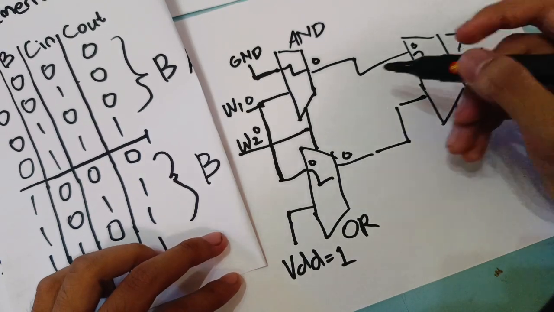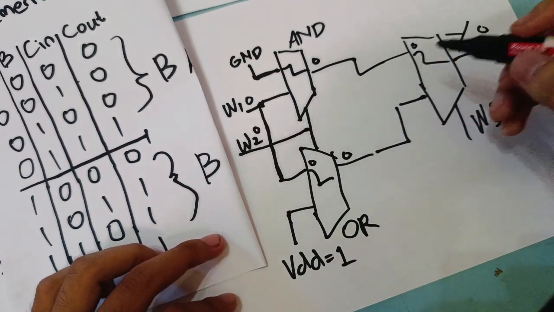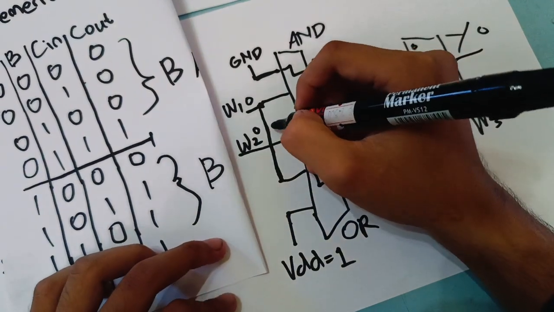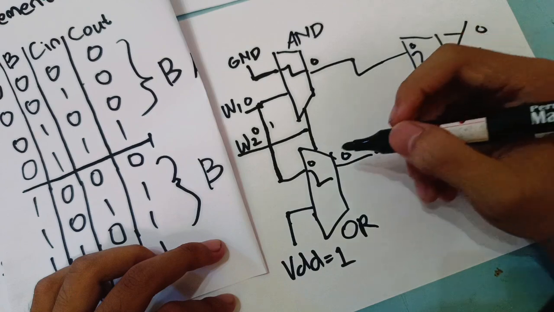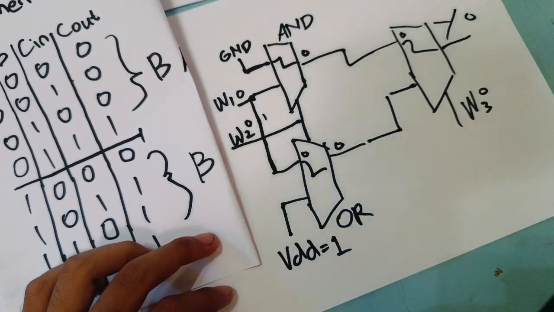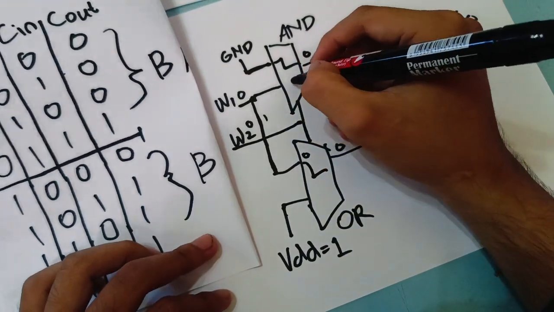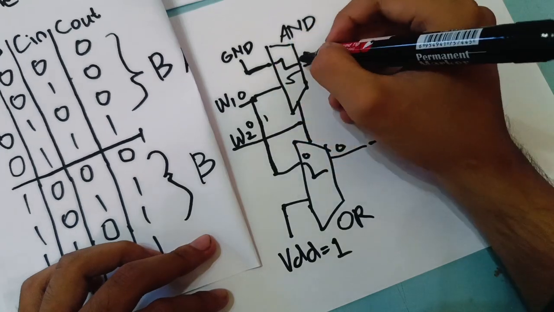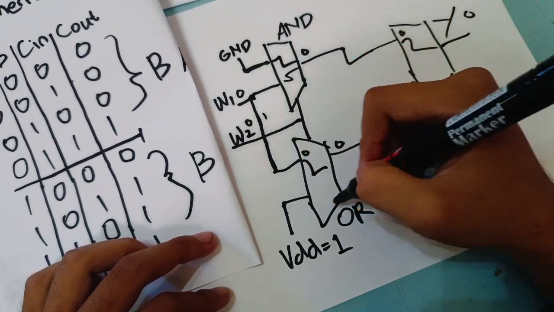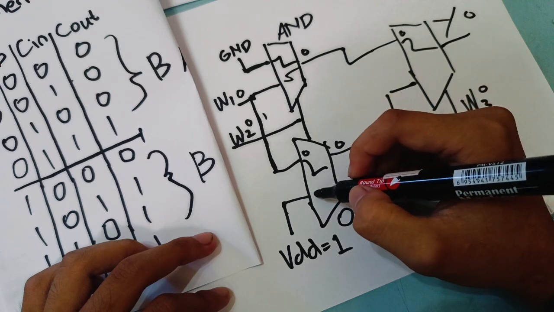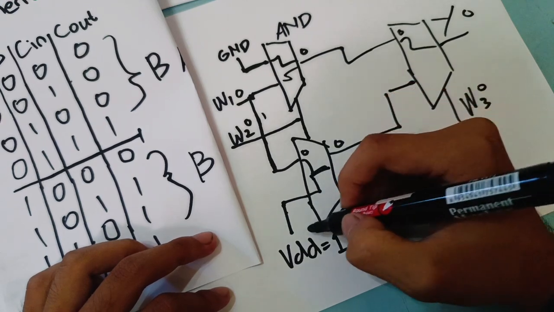So what if B is 1, W2 is 1, but this is 0? That means it will choose this as the input, but this is 0, so the output will be 0. But in this mux, it will choose this input as the output.